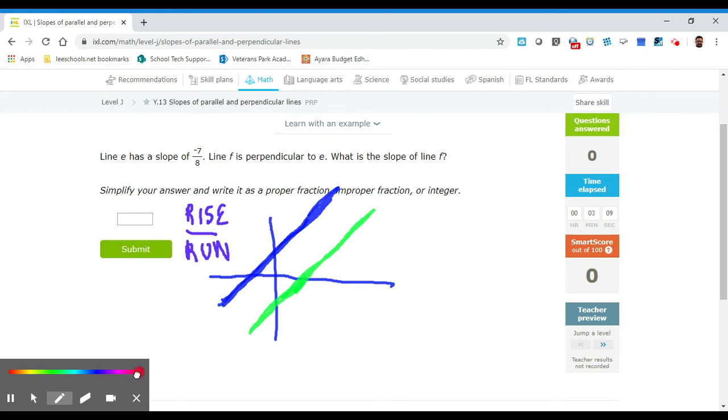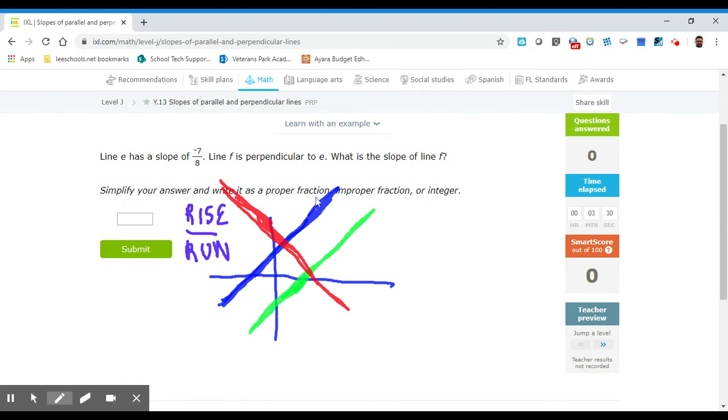Now, in the blue line, if the line is perpendicular to that, what that means, I'll do it in red, is that it intersects and forms a 90-degree angle with it. So another way of thinking about it is taking that line and completely flipping that line around and turning it in the opposite direction.